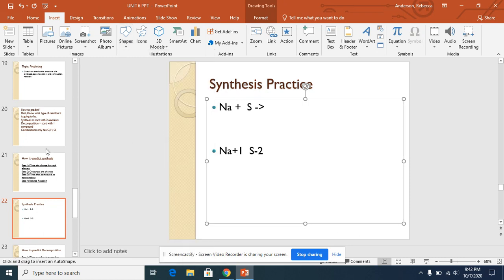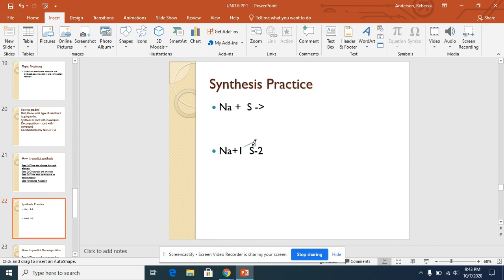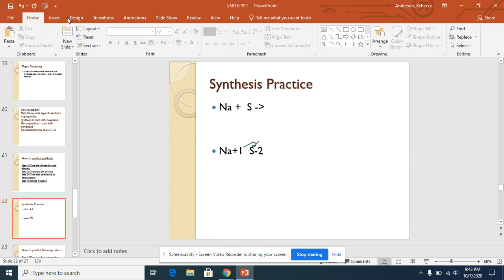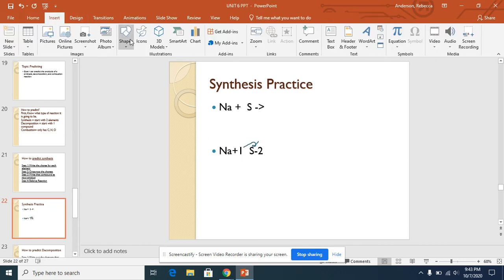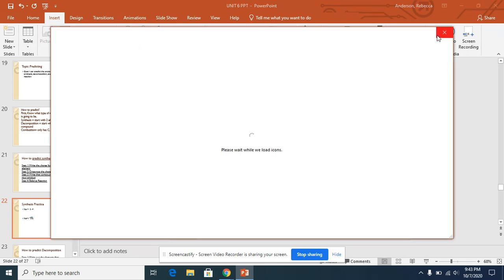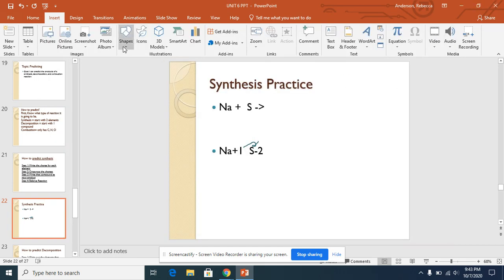So now for step 2, crisscross the charges. That means this +1 is going to go to the S, and this 2 goes with the Na.